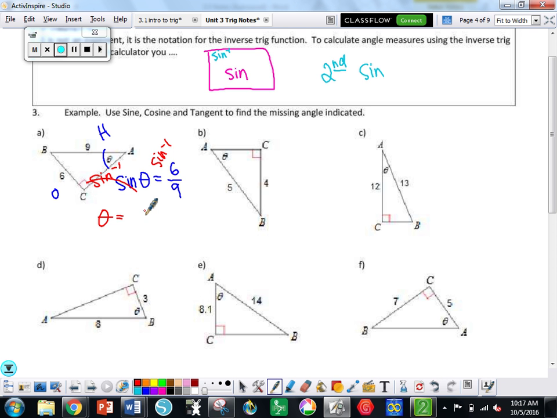So on your calculator, here's how I plug it in. Sine inverse, you use that second sine button, and then plug in 6 divided by 9 equals.